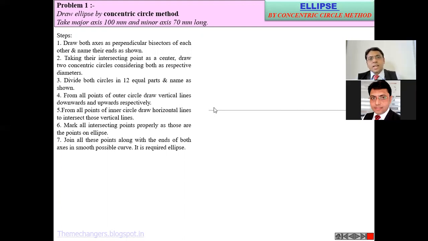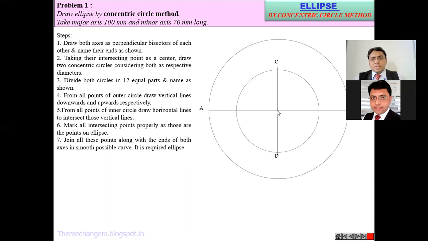Here we are taking a major axis of 100 millimeter and a minor axis of 70 millimeter, with positions A, B, C and D. From the center point, we draw circles with radius from the center to A, and from the center to C, for the other circle.